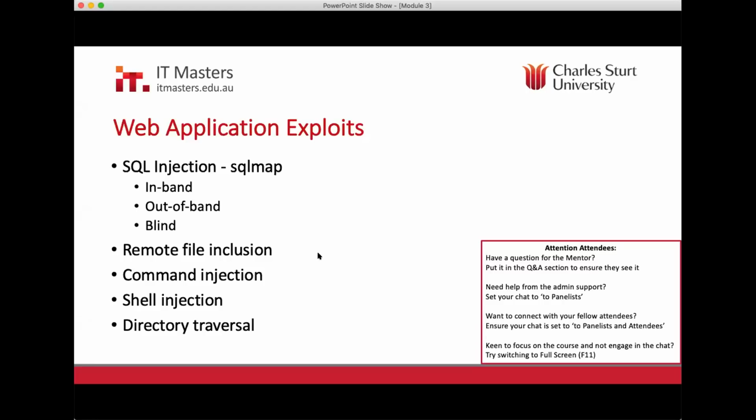Remote file inclusion is basically being able to upload... oh, sorry, inbound and out of band. Inbound SQL injection is using the same mode. We were using the same website to query the website with HTTP as we did the SQL injection. So that's inbound. Out of band is trying to get some sort of communication happening on the side.